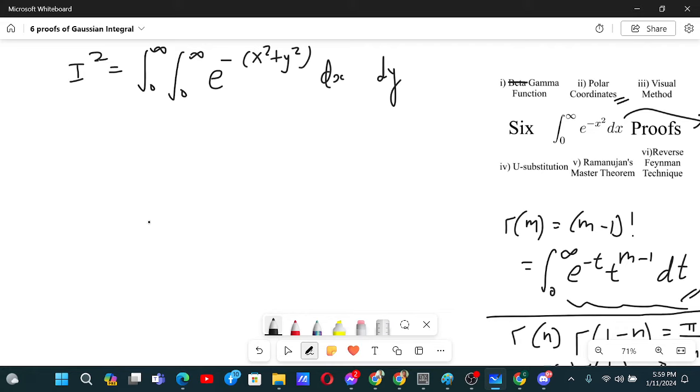Now I've told you that this dx dy actually encompasses the whole graph. But for the sake of now, let's try to find it from minus infinity to infinity for now. Let's do that, and in that case it will encompass the whole graph.